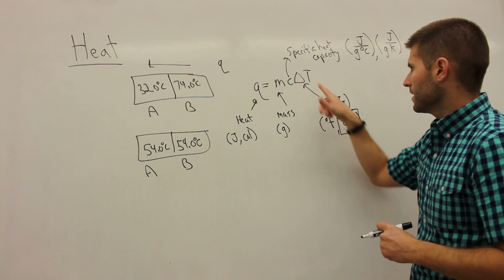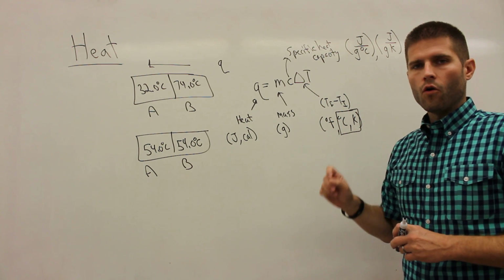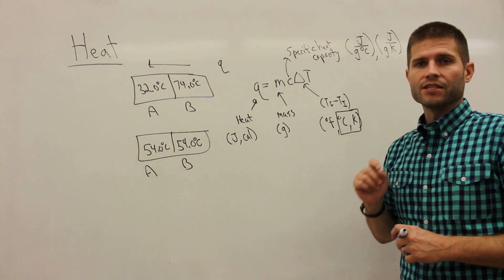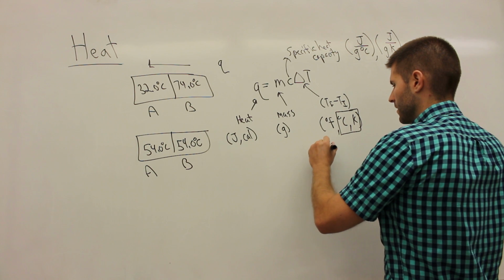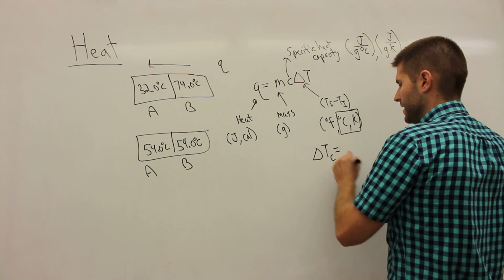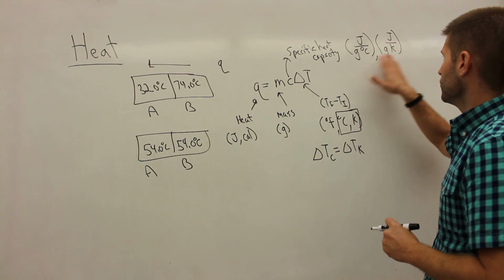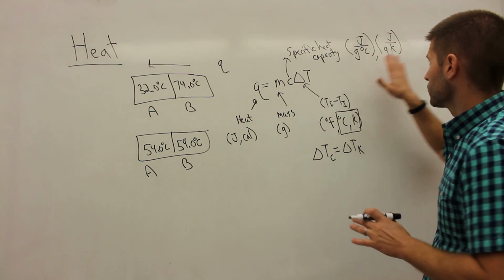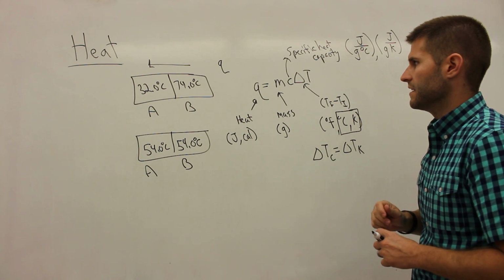Now, when talking about the delta T, the change in degrees Celsius is always going to be the exact same as the change in kelvins. So delta T Celsius is equal to delta T kelvins. Okay. So these units can be either in degrees Celsius or in kelvins. It doesn't really matter as long as we know what the delta T is.